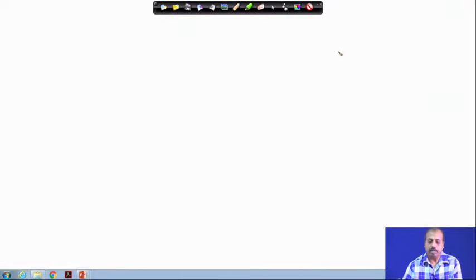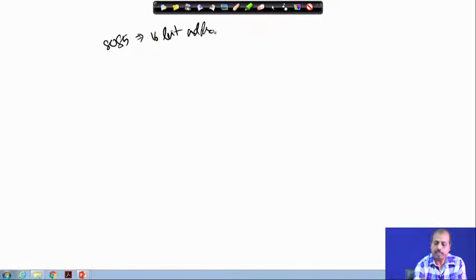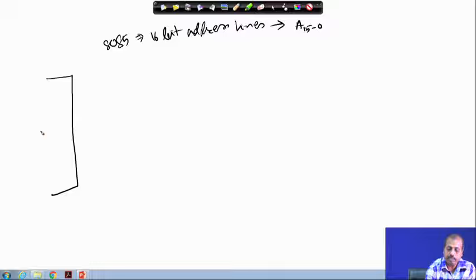Suppose we have an 8085 based system. I have said that it has 16 bit address lines. Suppose the 16 address lines are named A0 to A15, where A15 is the most significant bit and A0 is the least significant bit.